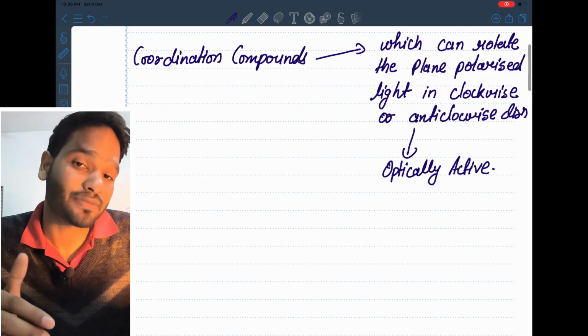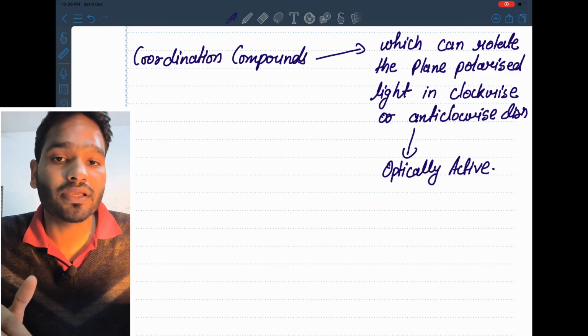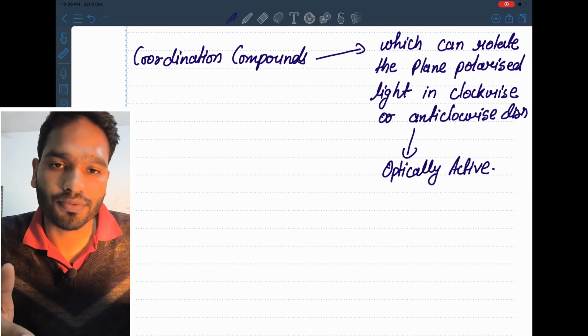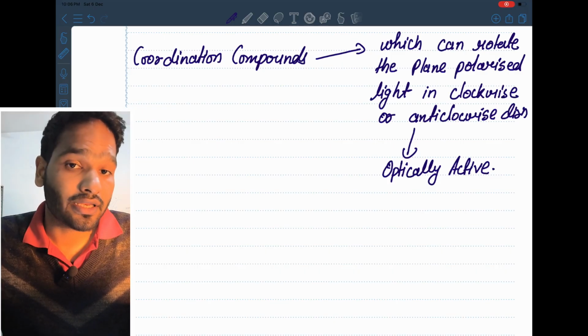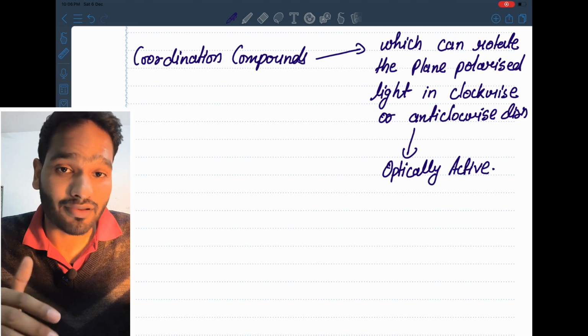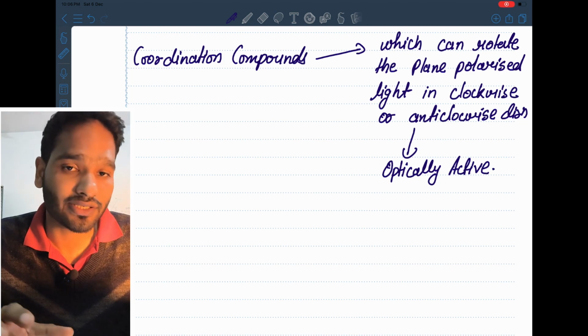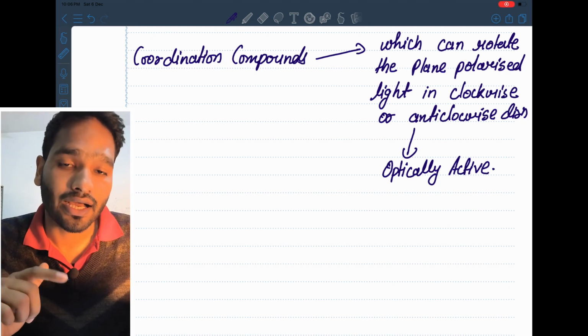This is how you find experimentally whether the compound is optically active or not. In your exam they will be asking for the total number of stereoisomers, so it means you have to count the optical isomers also.